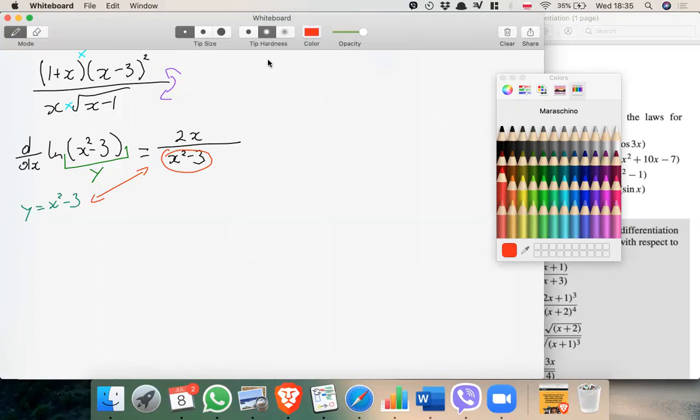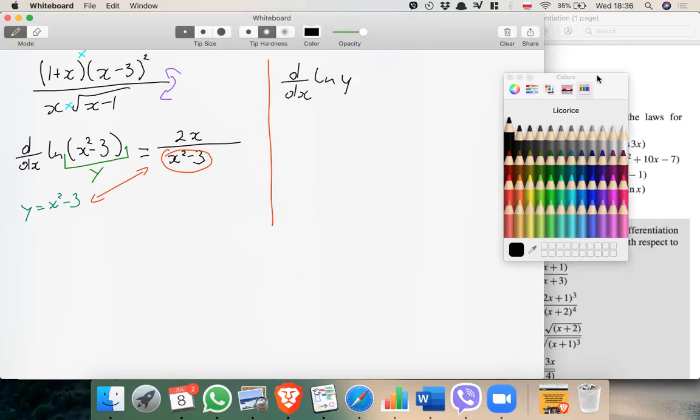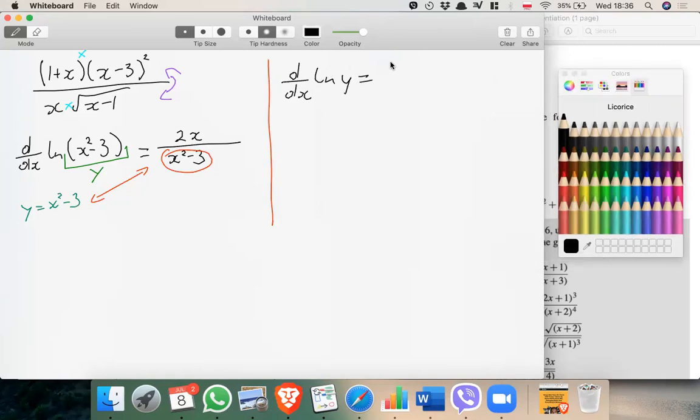So in more general terms, if we take d over dx of natural log of some function, the expression we end up with is 1 divided by the function, multiplied above the line by the derivative of whatever was in the natural log.